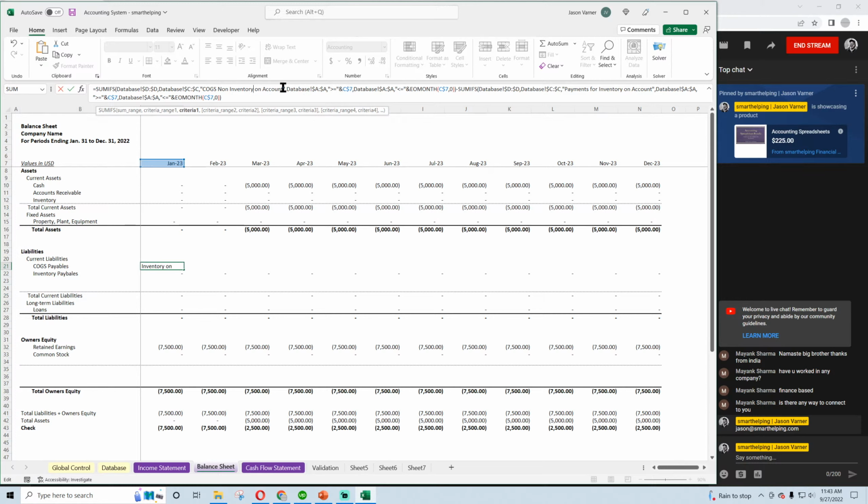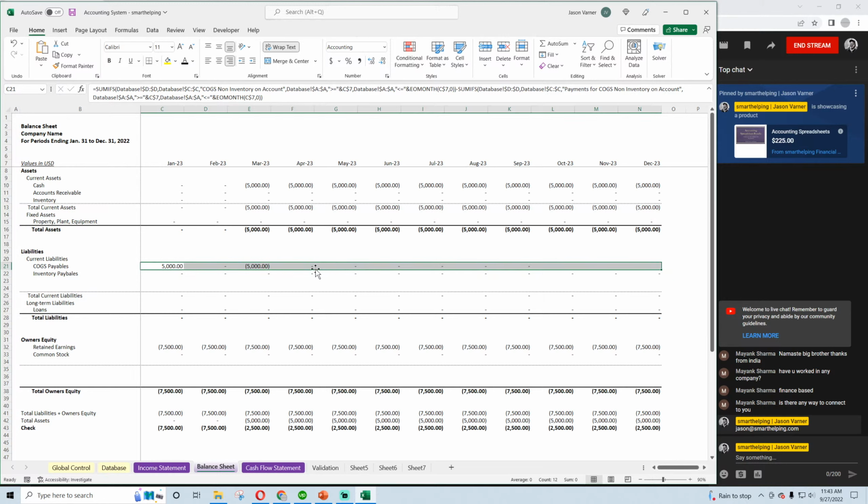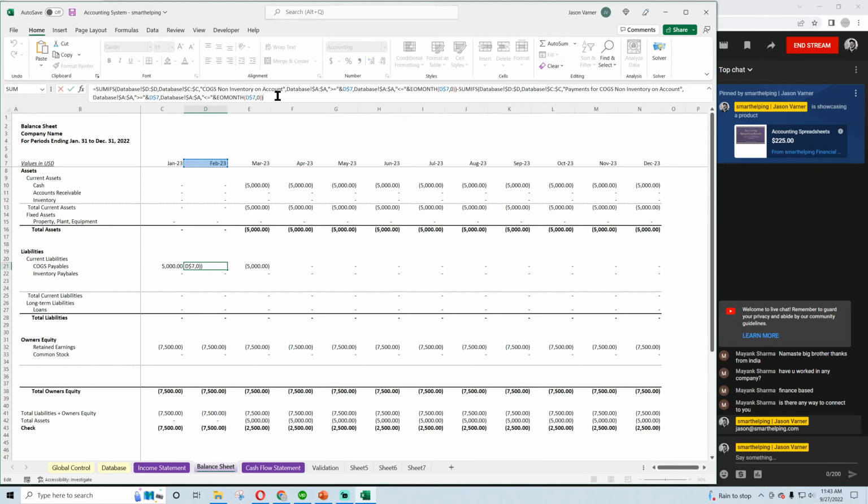And then what would decrease it is payments. Payments for cost of goods sold non-inventory on account. And then we add the previous.